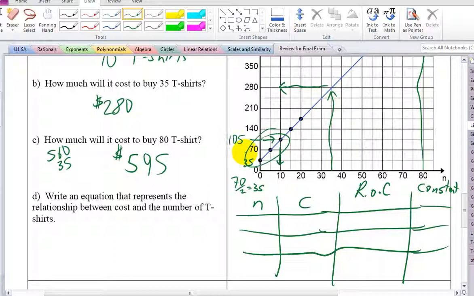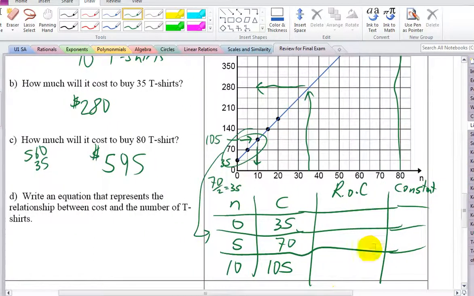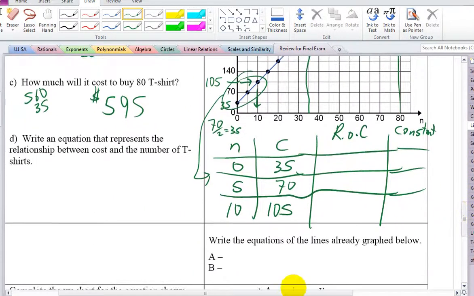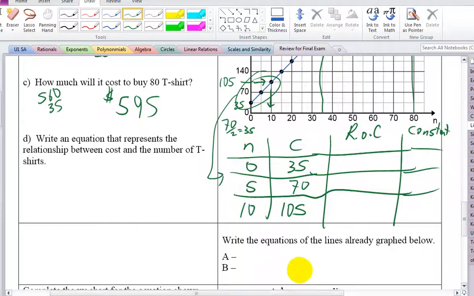You may as well just use the first 3 points. So 0 t-shirts, the cost is $35. 5 t-shirts, the cost is $70. And the third point, 10 t-shirts, $105. So if you're given the graph, you can make a chart to help you find the equation. We're kind of expecting you to do that. That's usually where we're going to start.